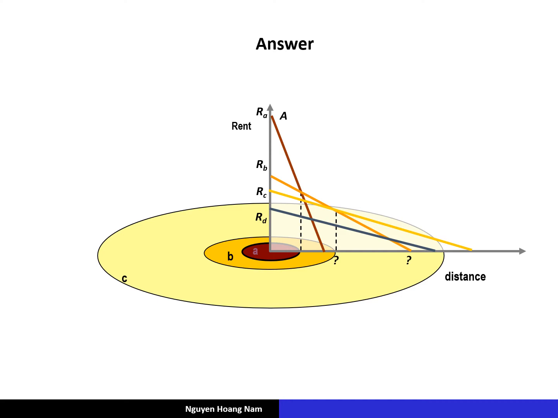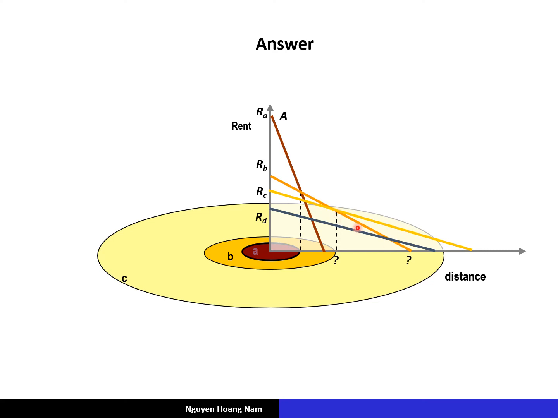Let me show you. Here it's still the highest location rent. So we go from crop A to crop B to crop C, right? And this point is 5 kilometers. This point is 2.5 kilometers, and this point is supposed to be 13.3.